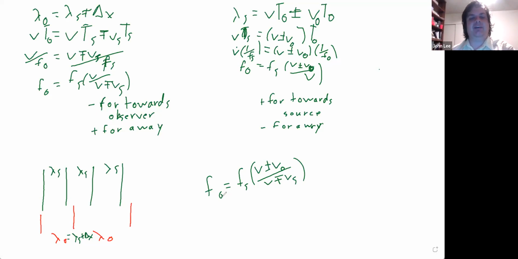So when you look at the observed frequency, you find that F observed equals Fs times V plus or minus V observer over V minus or plus Vs, where minus Vs for the source moving towards the observer, plus Vs for the source moving away from the observer, and then minus V observer for the observer moving away, and plus V observer for the observer moving towards the source.